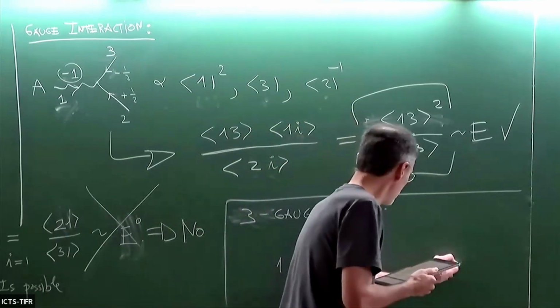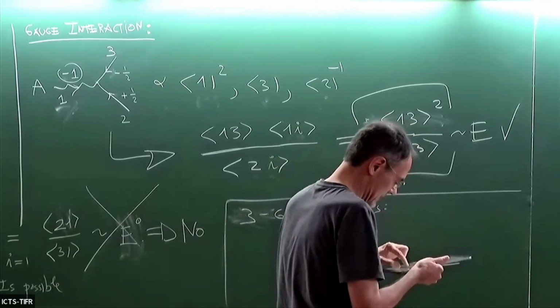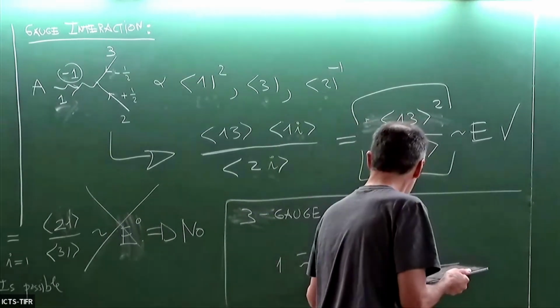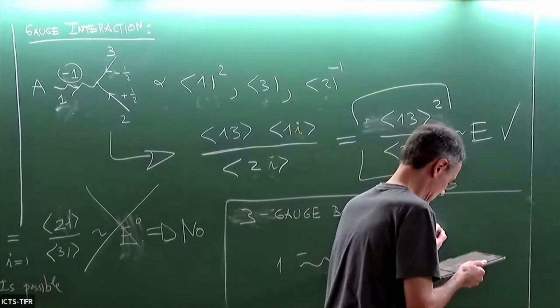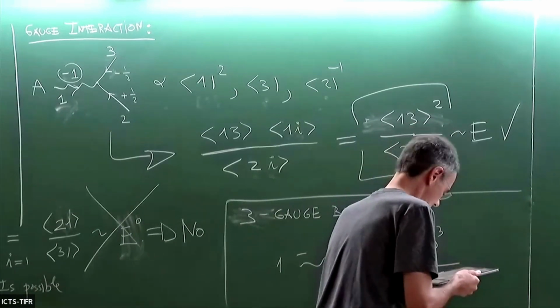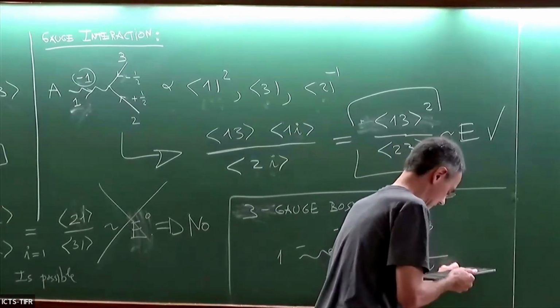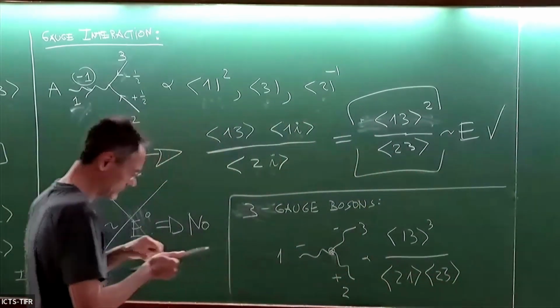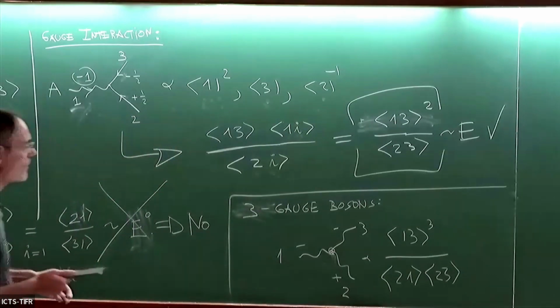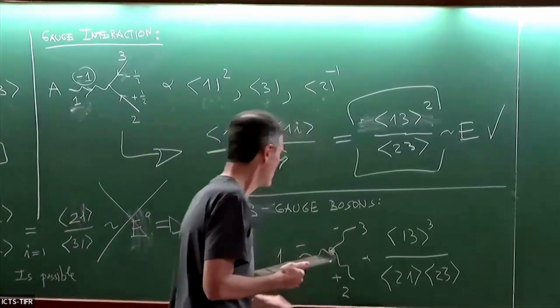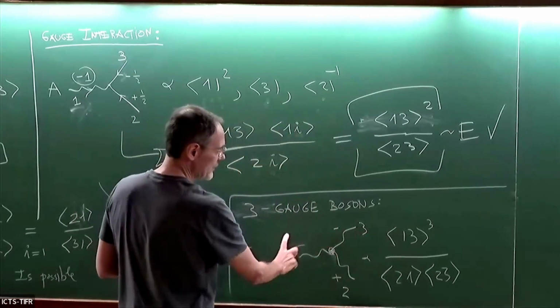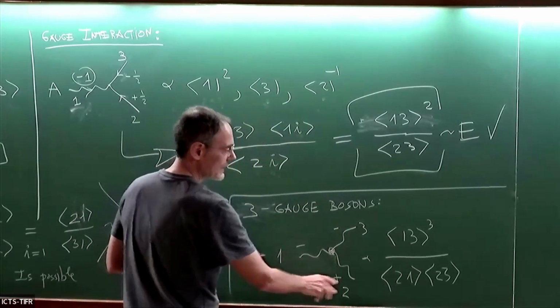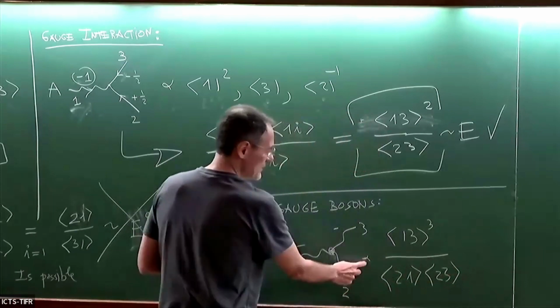And if you do it, you will get that this is proportional to ⟨13⟩³ over ⟨12⟩⟨23⟩. It is already interesting to see that it's antisymmetric when you interchange 1, 3 and 2, 3. So the coupling we put here, remember, this is the proportionality.